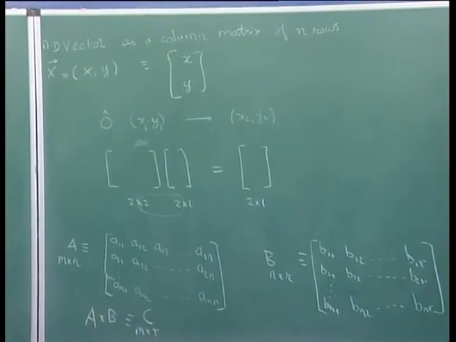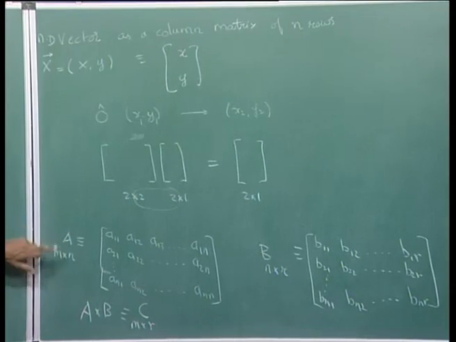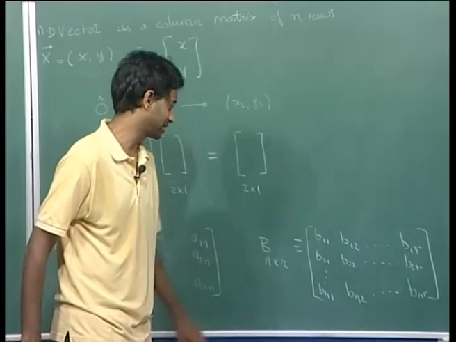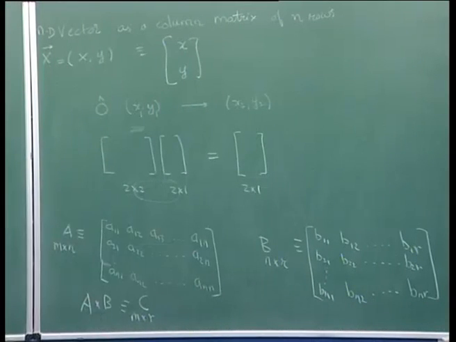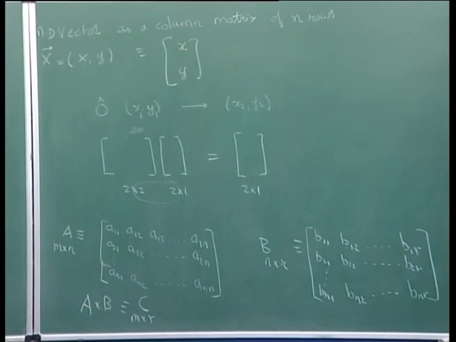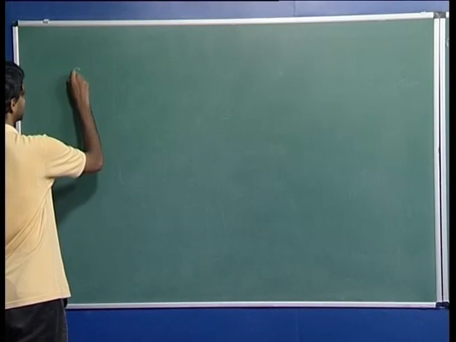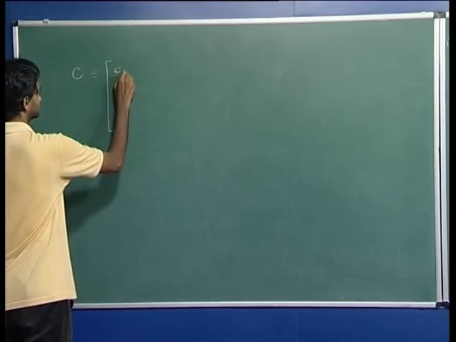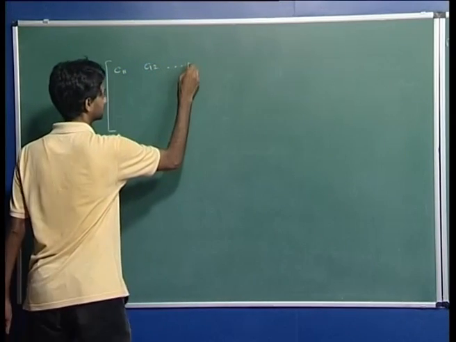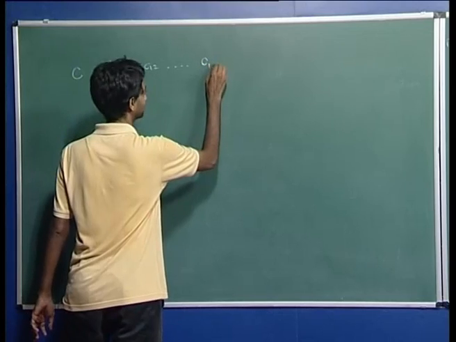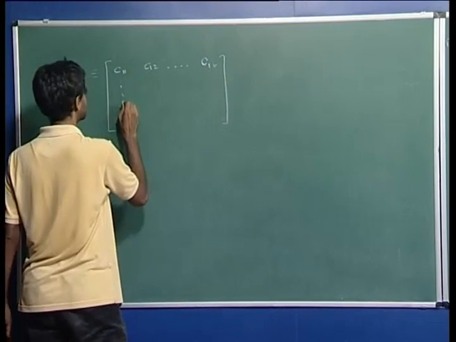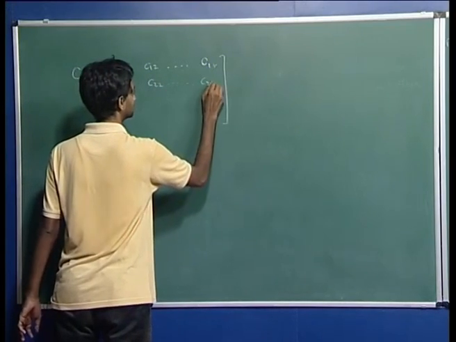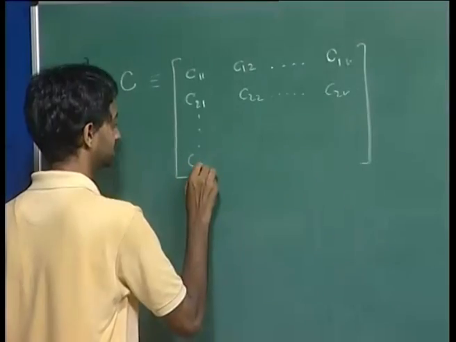Okay. So let us come back to this. We take a matrix A, which is an m by n matrix, multiply it with another matrix B, which is an n by r matrix, to get C, which is an m by r matrix. And if you want to find the elements of C, so if C has various elements, C 1 1, C 1 r, C 2 1, C m 1.